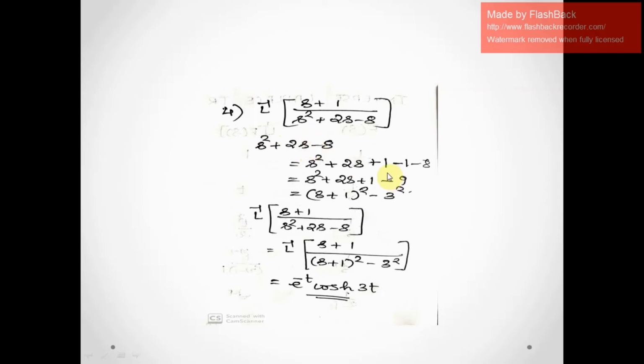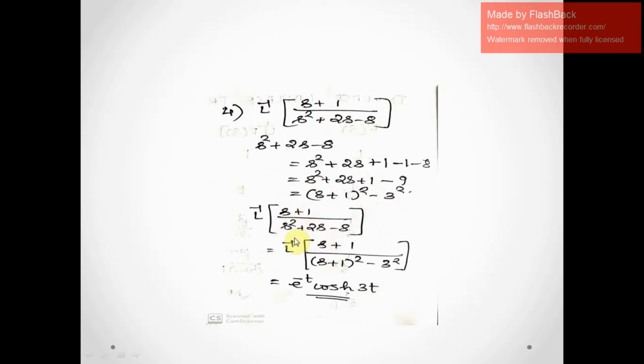If b is 1, we will separate plus 1 minus 1, and this minus 8 as it is. Plus 1 I require for the square, so that minus 1 minus 8 becomes minus 9. These three terms together are of the form a square plus 2ab plus b square, that is s plus 1 whole square, and this 9 becomes 3 square.